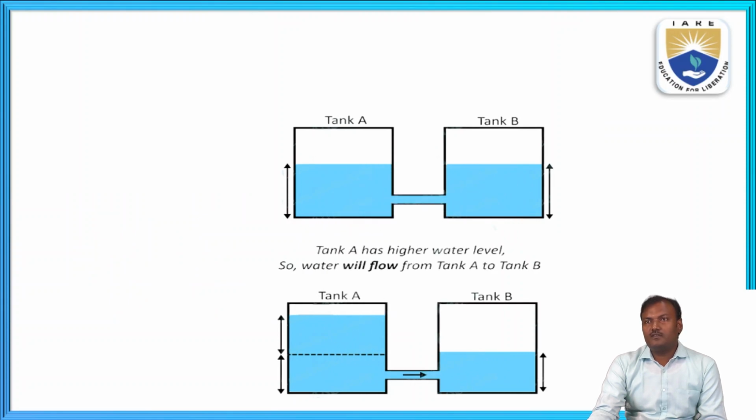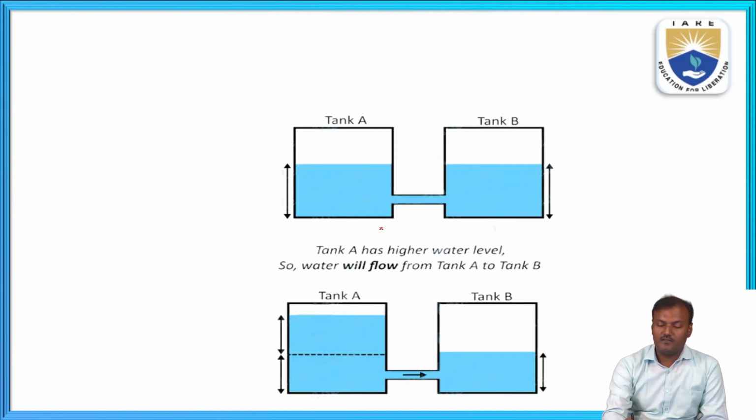This potential difference, when compared to normal practical life applications, we can compare to tank A and tank B shown here, which have the water levels at equal levels. Now there is no flow from one tank to another.